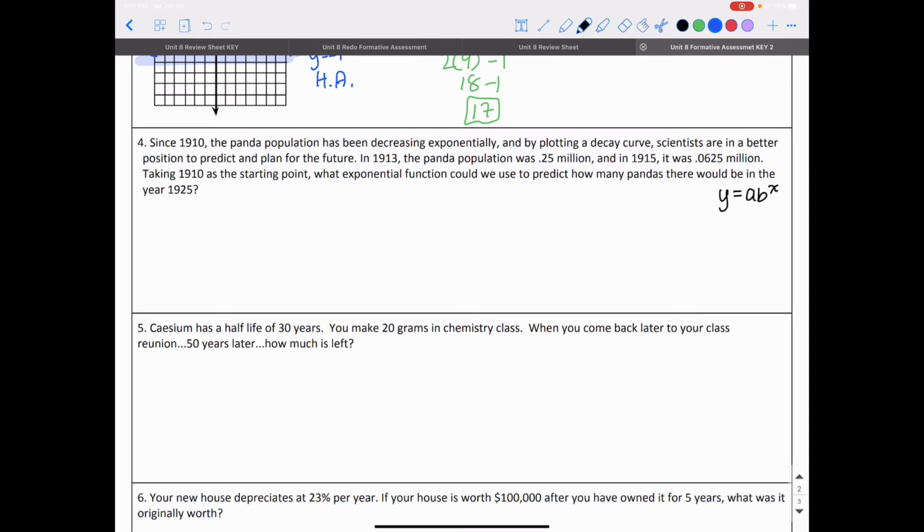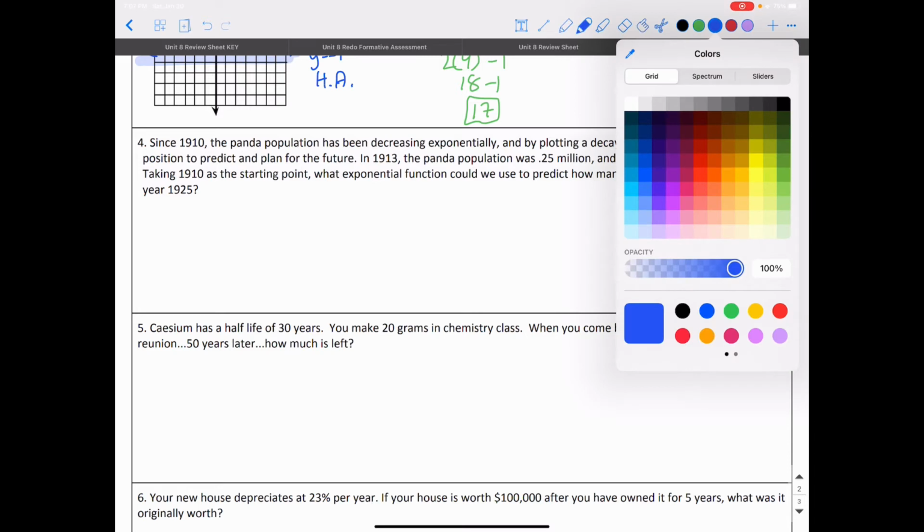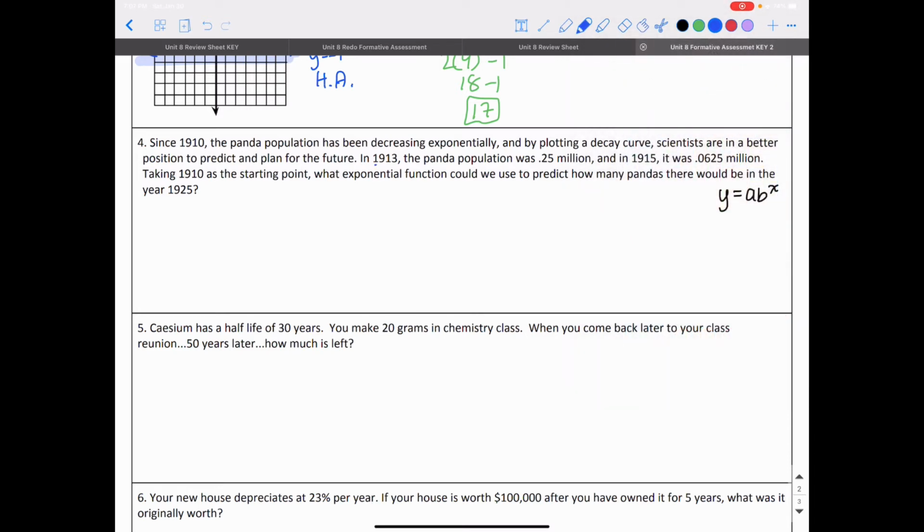So what I've actually been given in this case is two ordered pairs. The first ordered pair that I was given was, in 1913, the population was 0.25 million. I know that the start is 1910. My x value is always, in these problems, going to represent how many years have passed by.